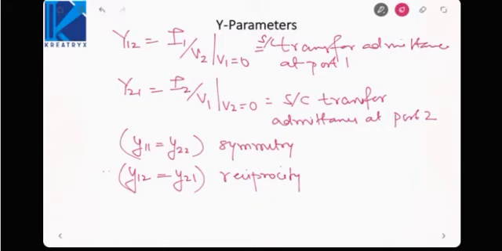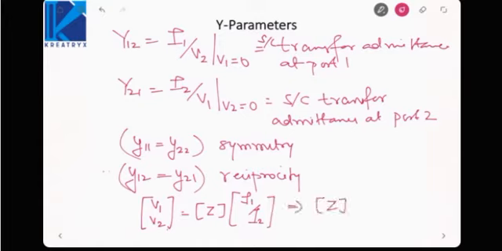And if you see basically how the Z parameters were defined, V1 V2 is equal to Z parameters I1 I2. If we take the inverse of Z on both sides, Z inverse V1 V2 equal to I1 I2.